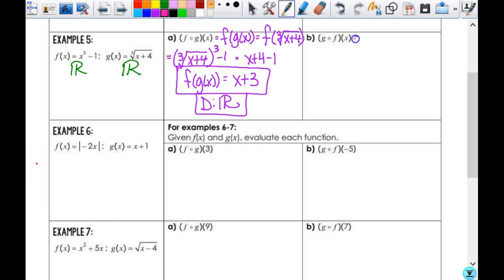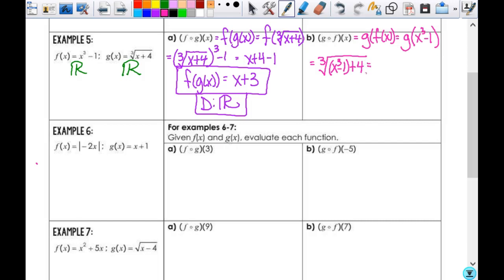So let's do now g of f of x. So this is g of, and then f of x is x cubed minus 1. So I substitute x cubed minus 1 everywhere I see an x in g of x. So this is equal to the cube root of x cubed minus 1 plus 4.